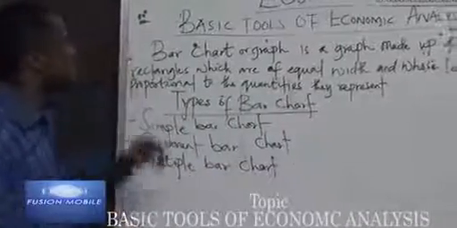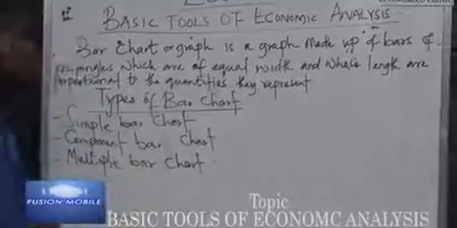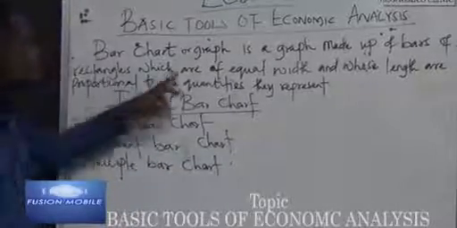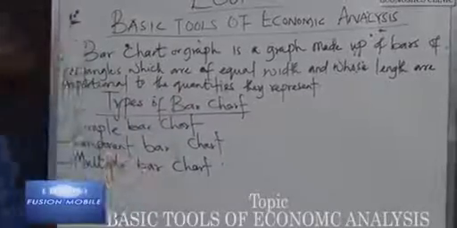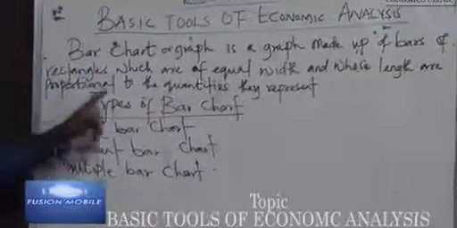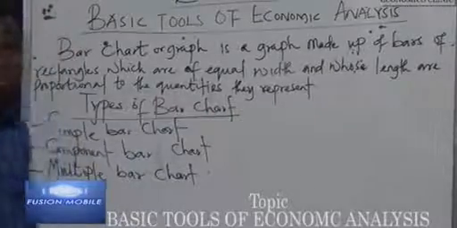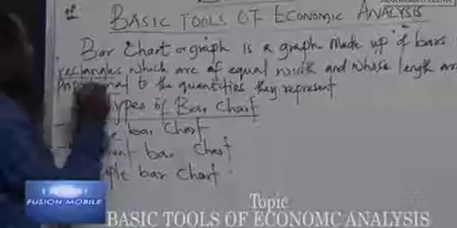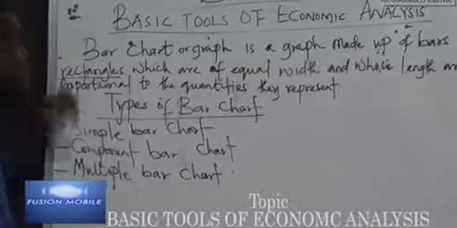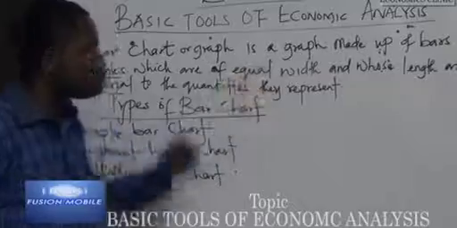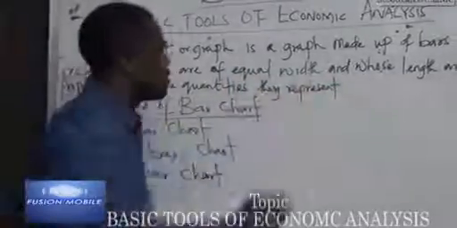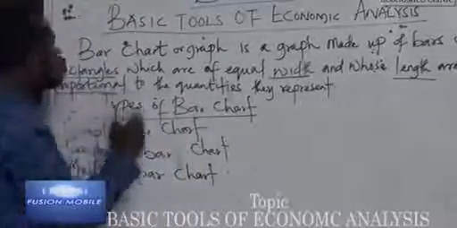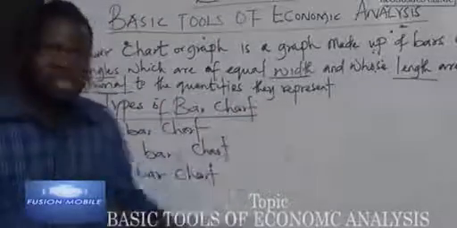Now, a bar chart or graph is a graph made up of bars or rectangles which are of equal width and whose lengths are proportional to the quantities they represent. From here we can see that a bar chart is a rectangular shape of equal width, and the length is proportional to the quantities they represent.